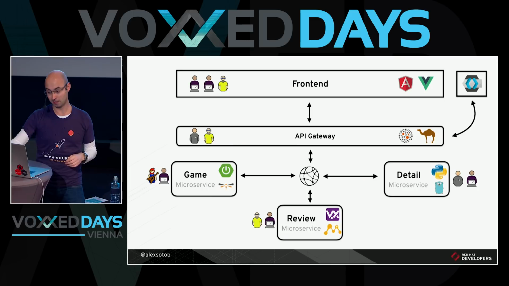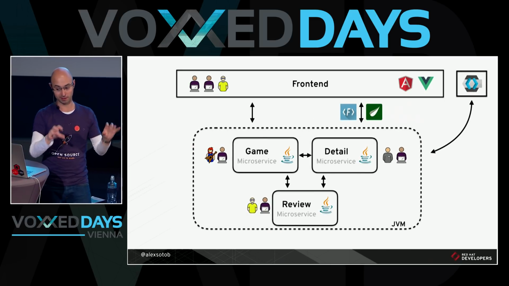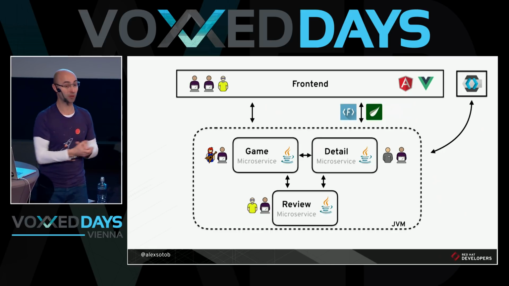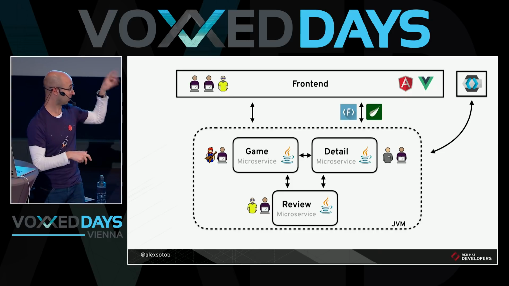But what I'm saying here is that maybe instead of this we can have this other thing where you have a front end and then we have all the services inside the JVM, so there is no more network connection, but just local calls.